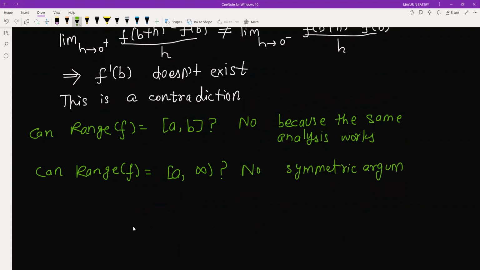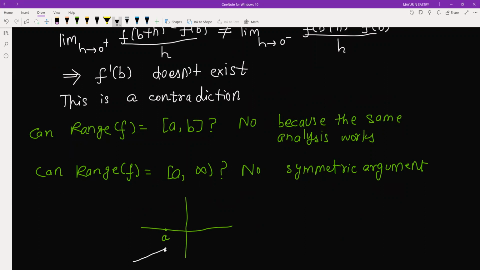You could picture this visually if you draw the graph of f. Somehow we have closed a comma infinity. So suppose a is over here, and then we would have the identity up till a, which means something like this.